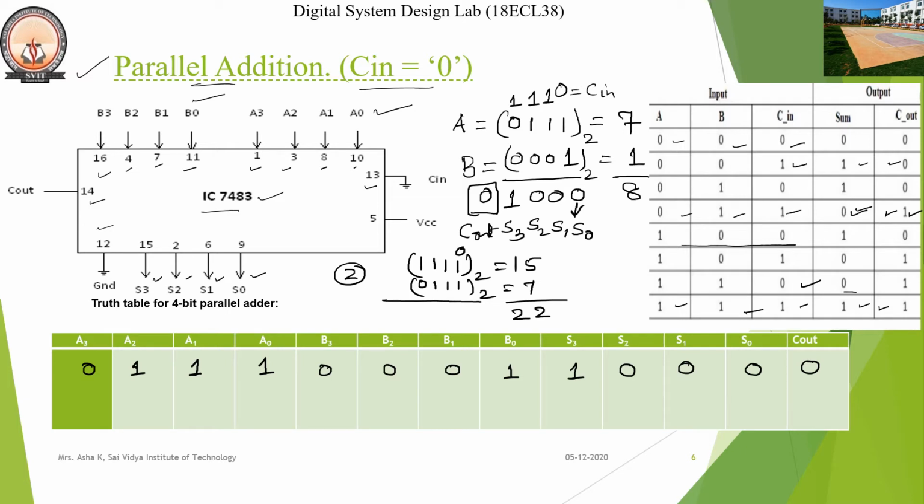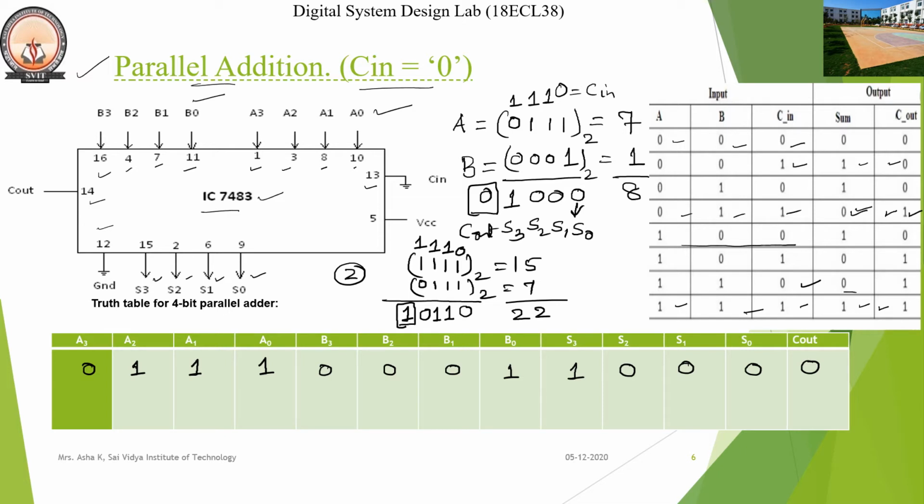0 plus 1 plus 1 produces the sum 0, carry will be equal to 1. When all the inputs are 1, the sum will be equal to 1, carry is also equal to 1. Now we will be having 3 1 bits produces the sum 1, carry also 1. And here for this particular operation of 1 plus 0, sum is equal to 0 and we are going to get the carry as 1.